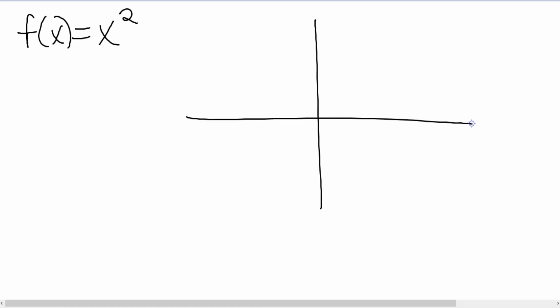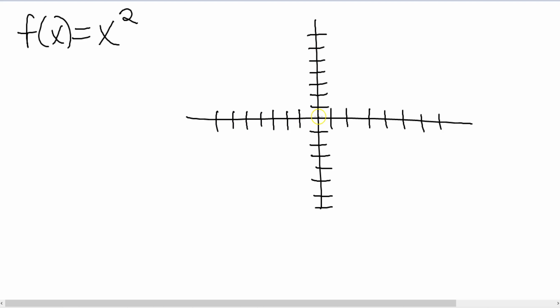So first let's graph our parent function of x squared. Okay, so that's going to be like this.